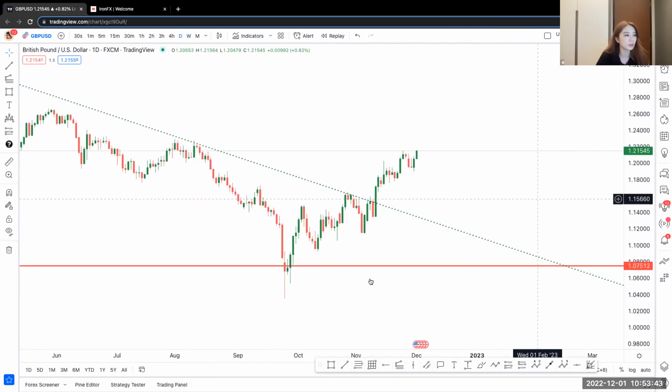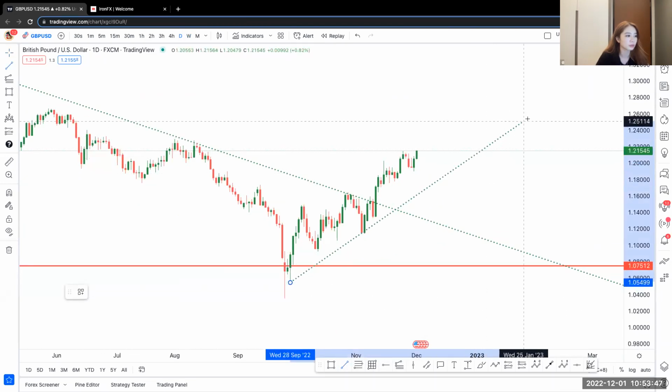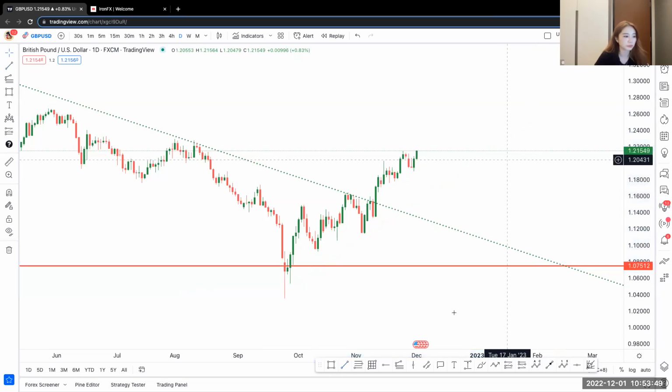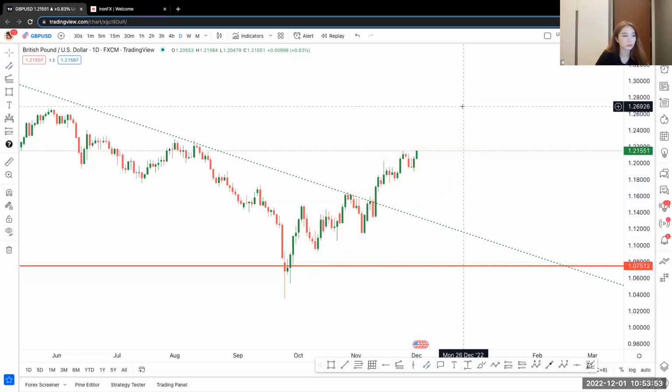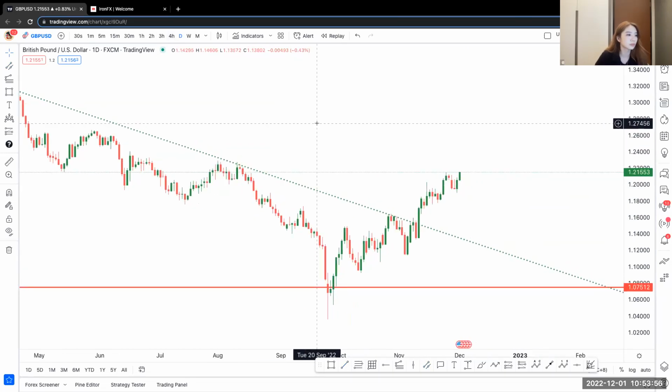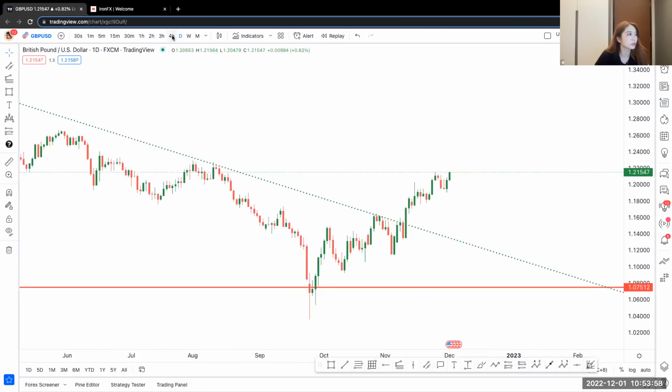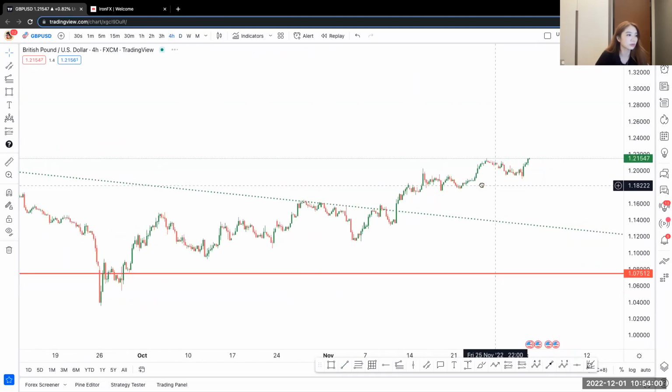Each daily, we are looking at a straight upward movement as well. H4.